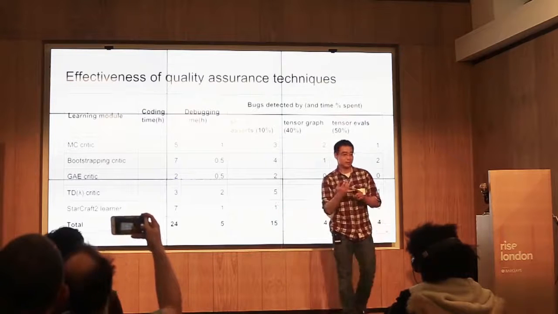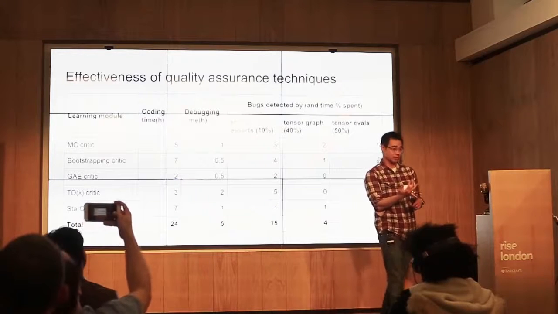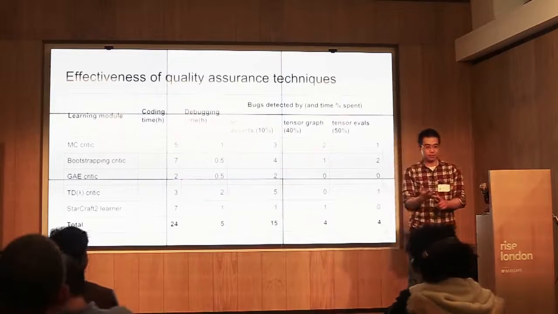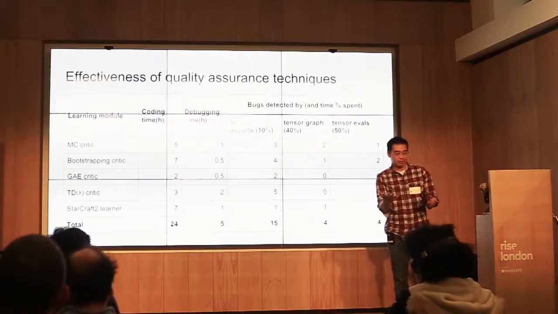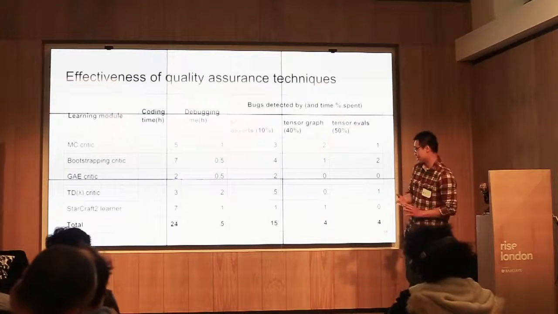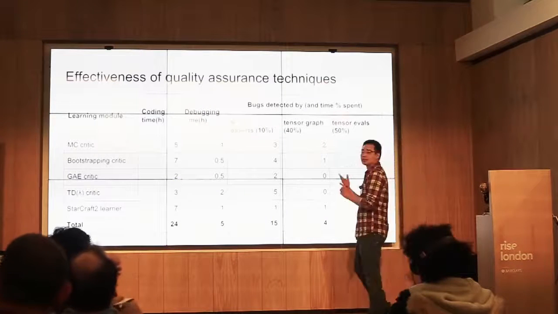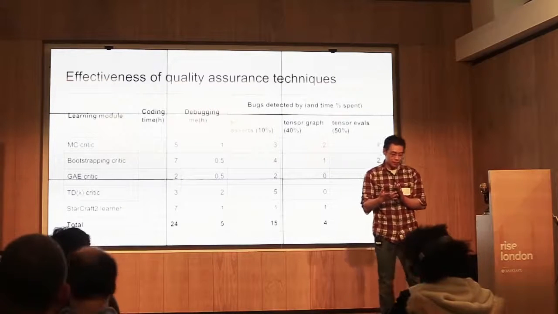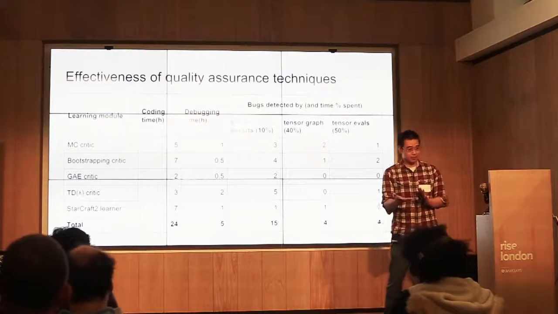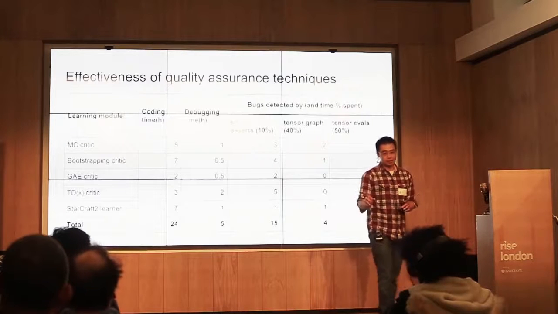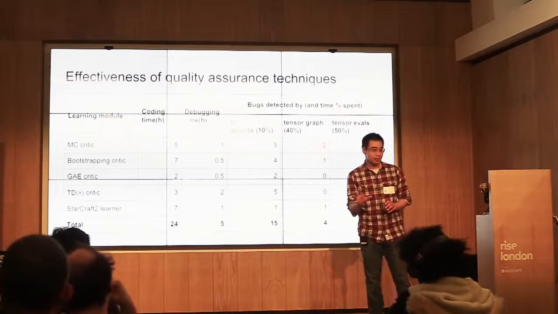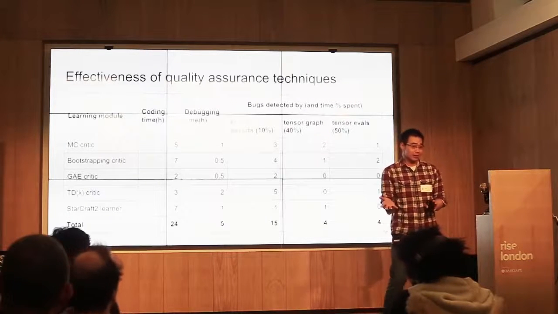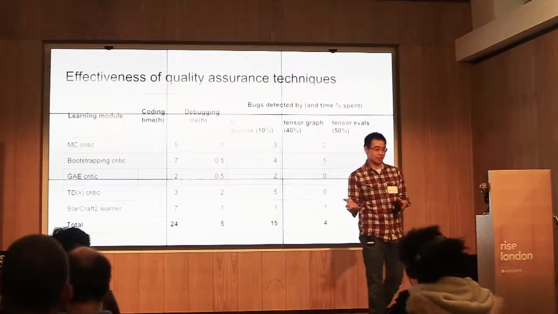Debugging time means the time we spent writing down those assertions, running the code through some test infrastructure, a random test generator, observing the assertion violations and fixing the problems. By the way, when there is an assertion violation, it does not necessarily mean your implementation is wrong.